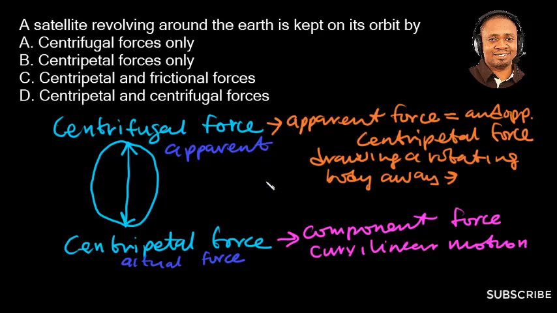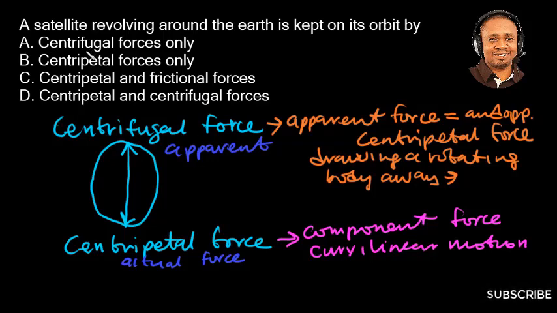So both of these forces are working together to keep the satellite that is revolving around the Earth kept in its orbit. Okay, so let us take a look at the answer options.